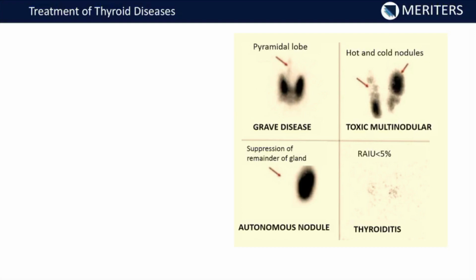Now in Graves' disease, you have your entire gland taking up the radioiodine, and in multinodular goiter, different nodules in the gland take up more and more radioactive iodine. In autonomous nodule, one portion takes up iodine and it suppresses the nearby tissues, and in thyroiditis, there is very less uptake, because the gland is damaged. So all these are important.